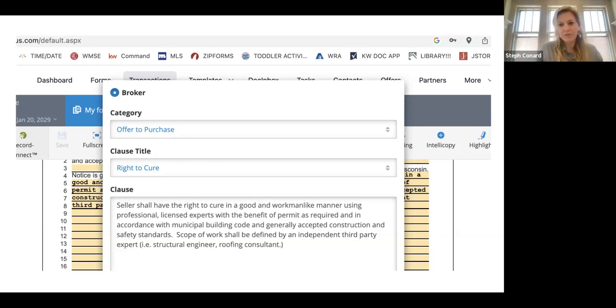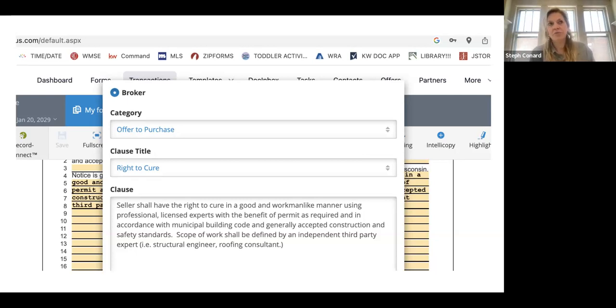The default language in the offer to purchase is that the seller can cure the defects, making repairs on those defects in a good and workmanlike manner, and it stops there. As you can imagine, good and workmanlike manner is pretty gray.